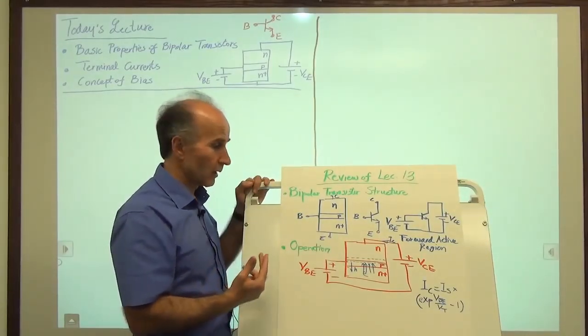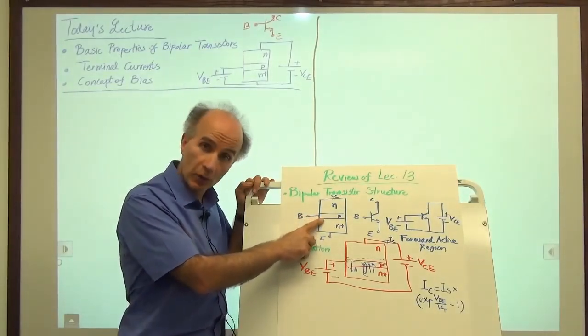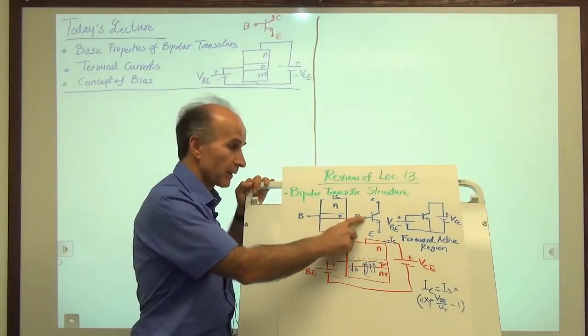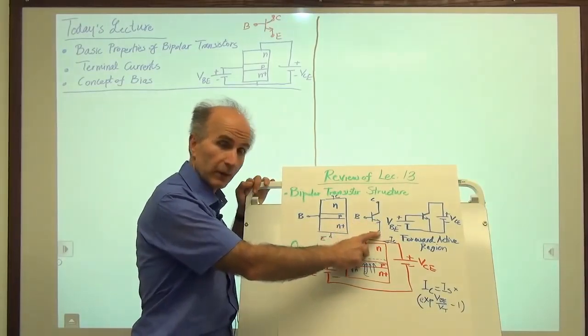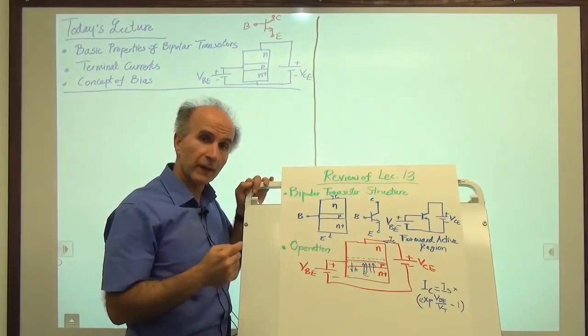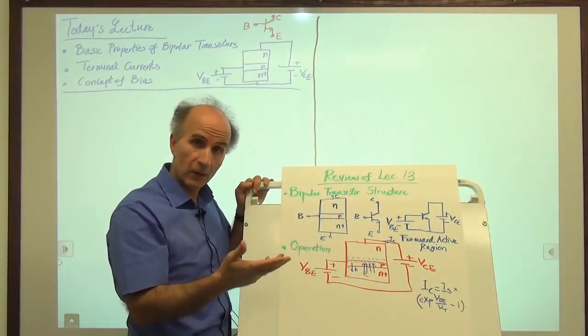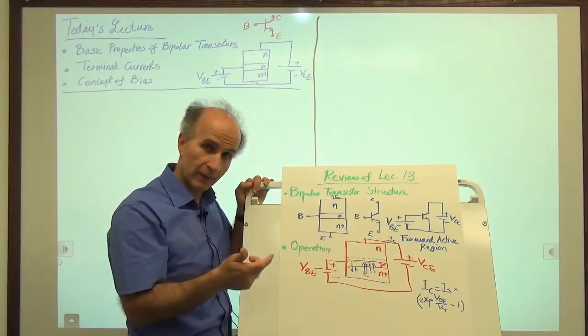And that combination wants the base emitter junction to be forward biased. So we have a positive voltage here with respect to emitter, as you can see by this battery. And we want the collector base junction to be reverse biased or maybe have zero bias across it.